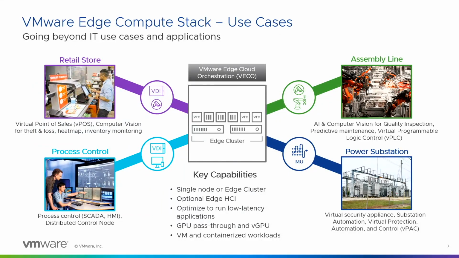Now, if we look at some example use cases, I think we're just scratching the surface, and you'll see some of this in demos when you go see us at the expo show floor as well. In a retail store, of course, there's something as basic as virtual point of sales. All these circles are just to show that it always interacts with physical devices in some way.